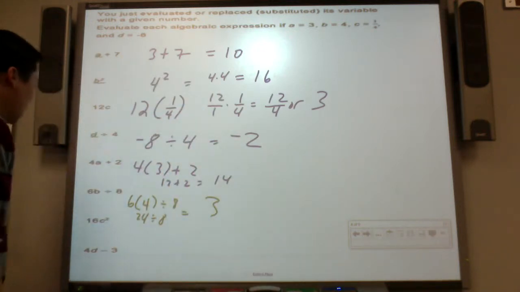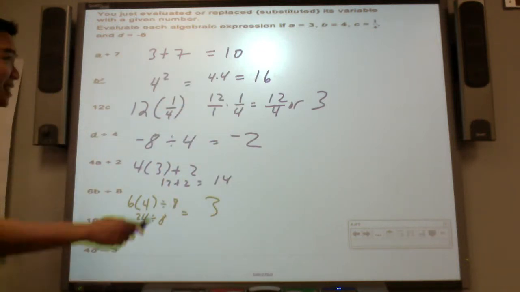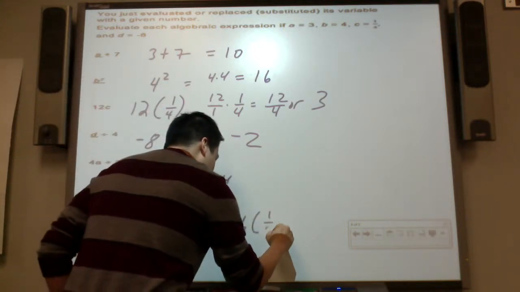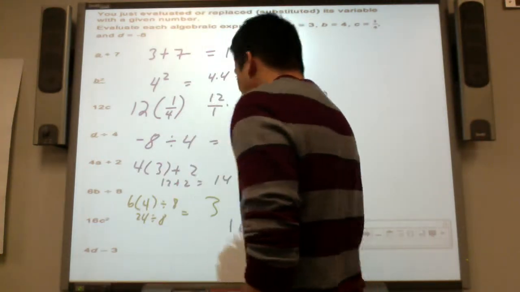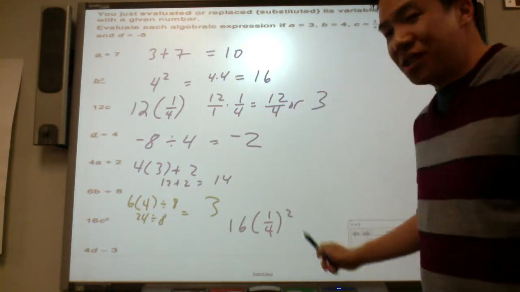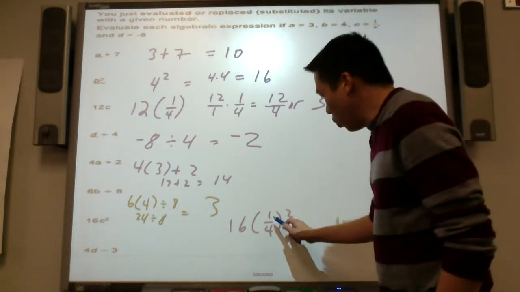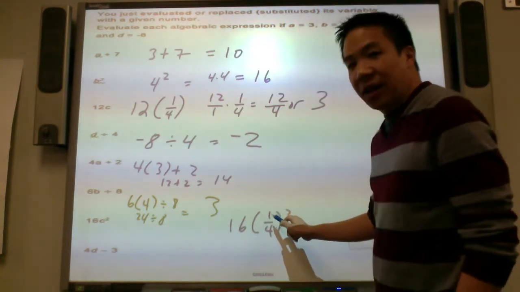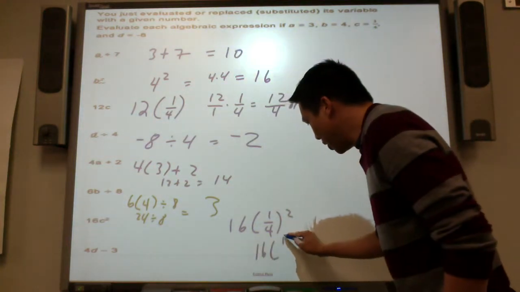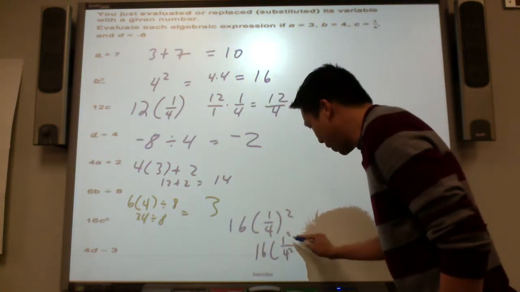16c squared. If we evaluate it or replace the c with 1/4, 16 times 1/4 squared. Do you remember how to find the exponent using fractions? It's saying square the numerator, square the denominator. So 1 squared, 4 squared.